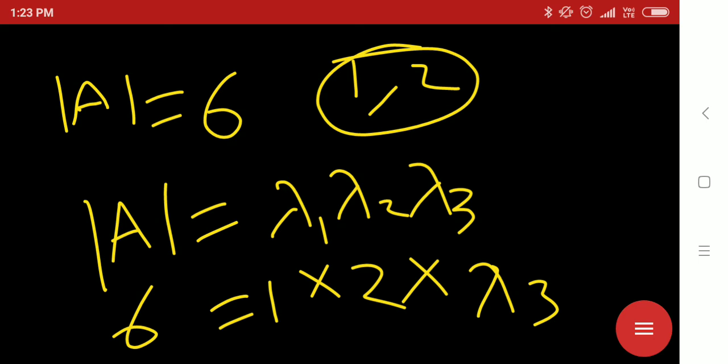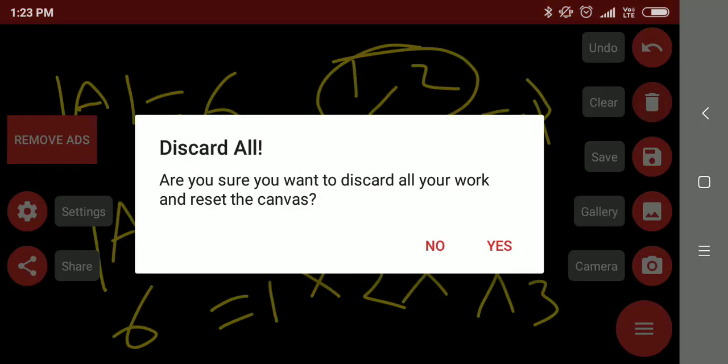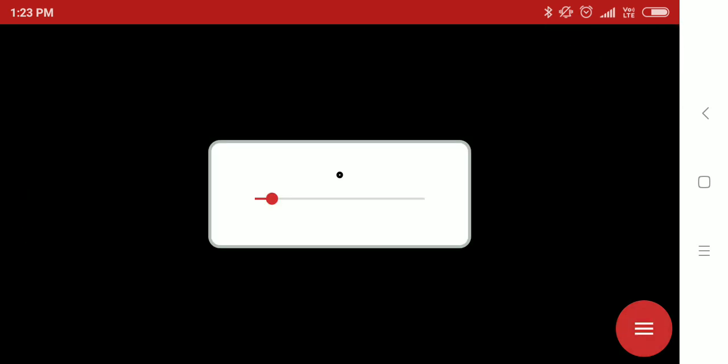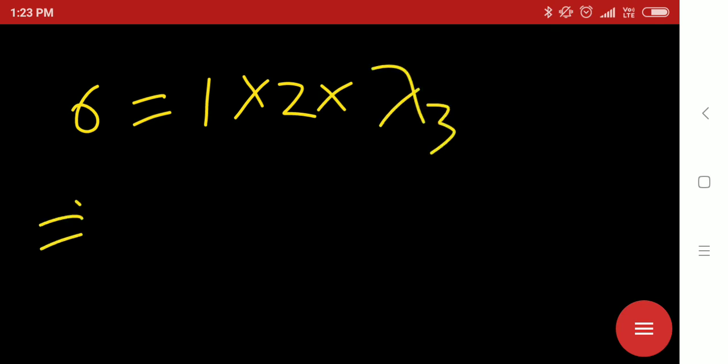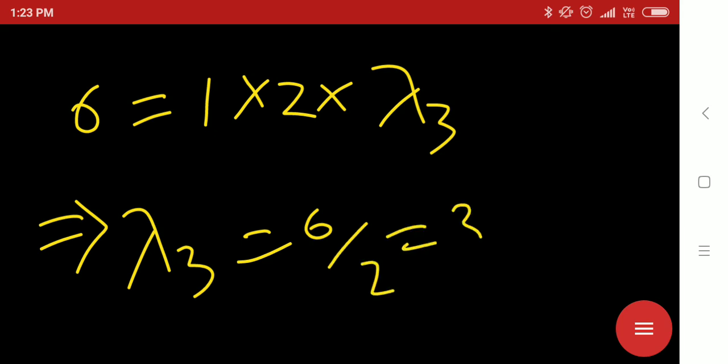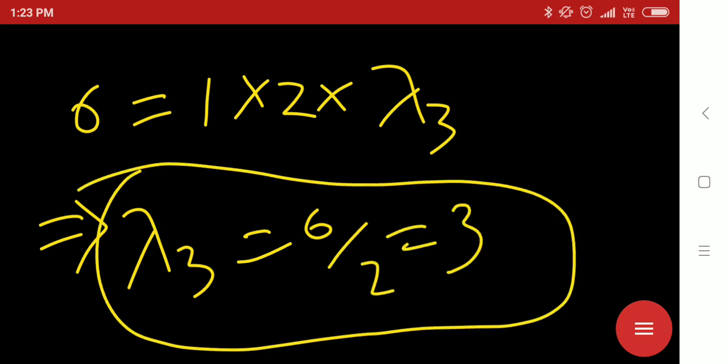Let us write on a fresh page. 6 equals 1 into 2 into lambda 3, that is lambda 3 equals 6 by 2, that is 3. So the first answer we have got is lambda 3 equals 3, the third eigenvalue.